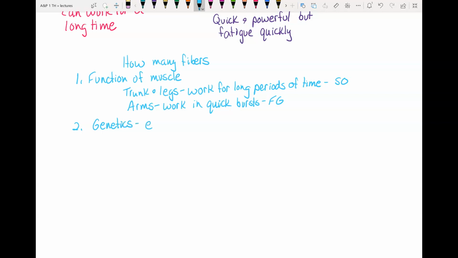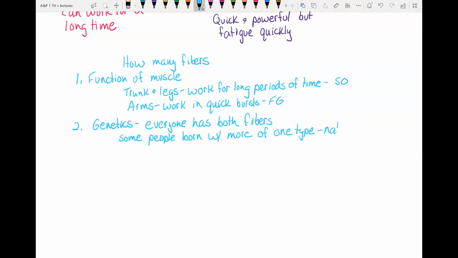So everyone has both types of fibers. But some people are born with more of one than the other. This is where natural talent comes from.